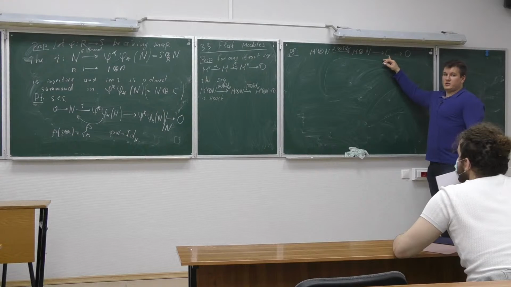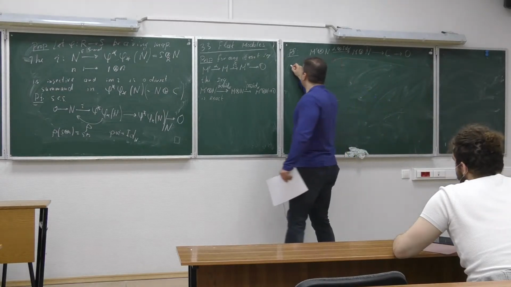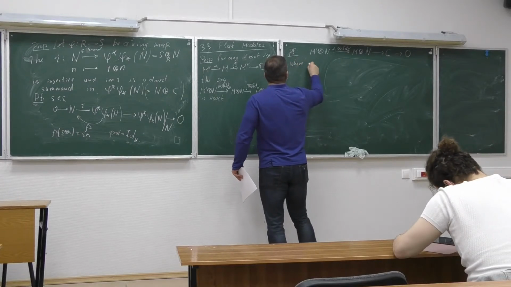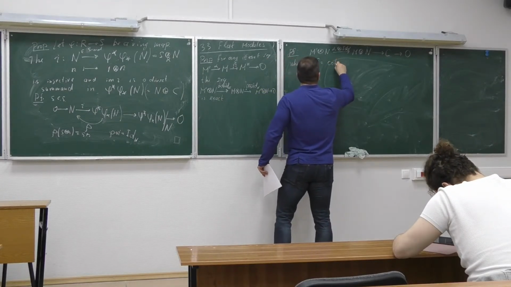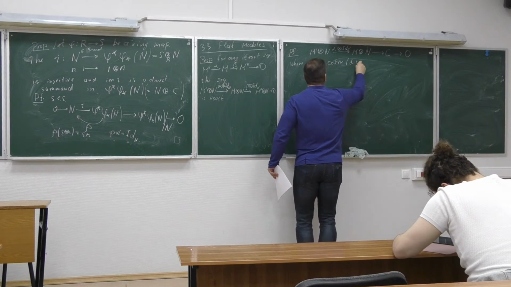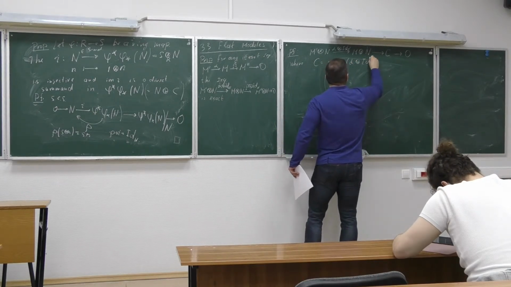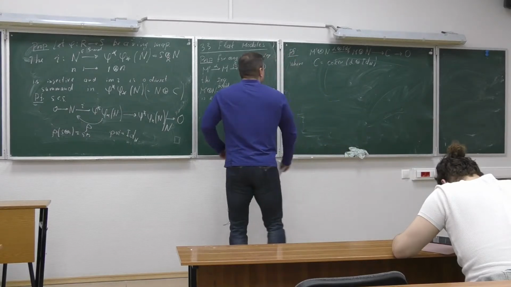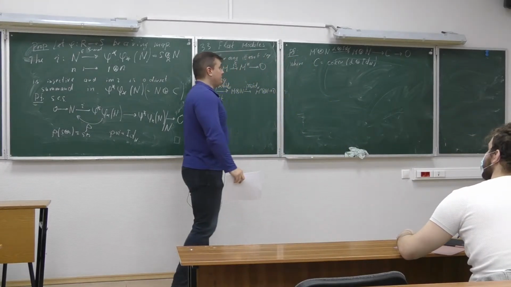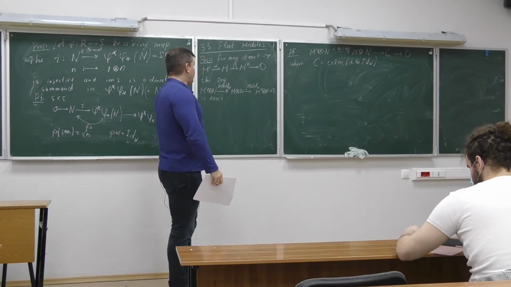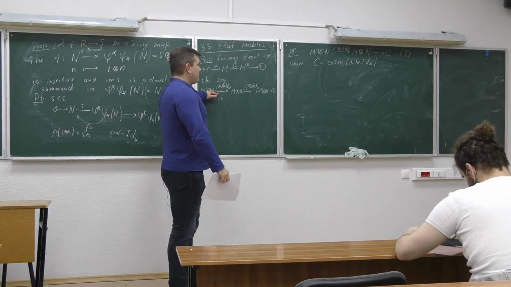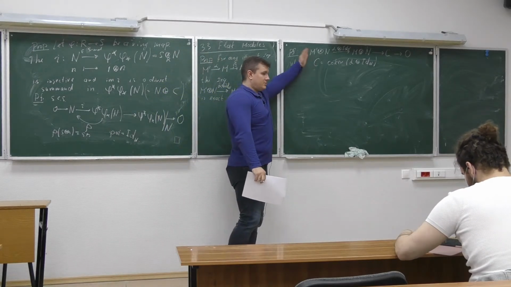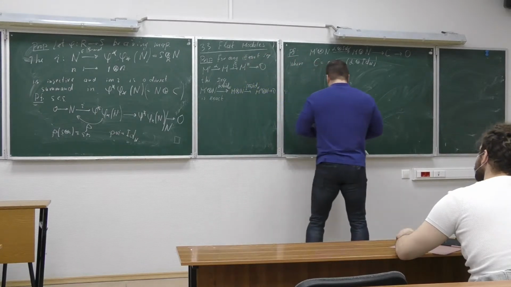So in other words, C is just the cokernel of this map, where C is the cokernel of alpha tensor the identity map. So I know that this sequence is exact by construction. My goal is to show that this sequence is actually isomorphic to this sequence. So that's the plan of the proof.